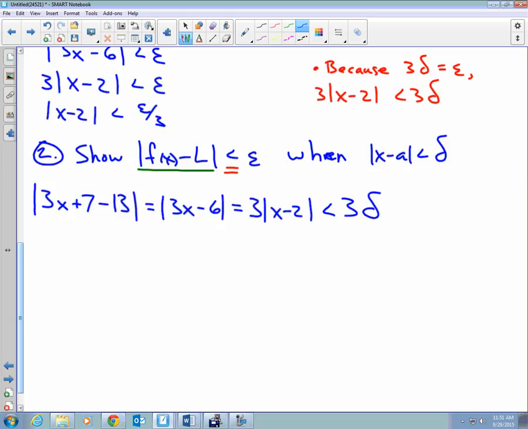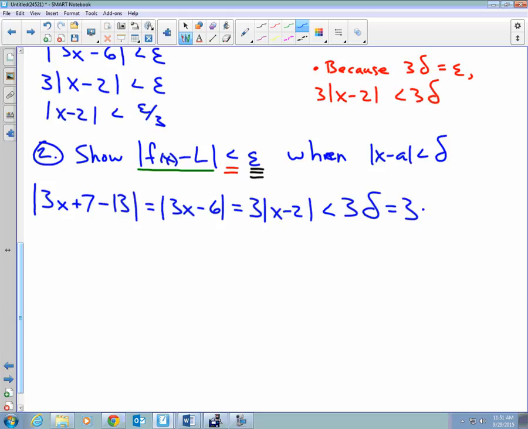Due to this right here. Now, what's the last thing I have to have for my statement to finish it off? An epsilon, correct? How do I get from 3 delta to epsilon? What can I plug in for delta? What is delta equal to? What do we choose our delta value to be?